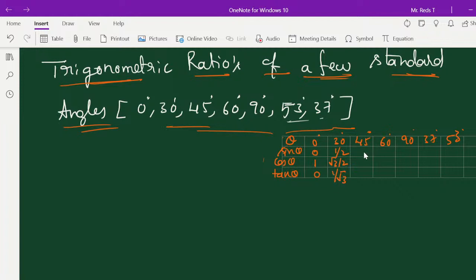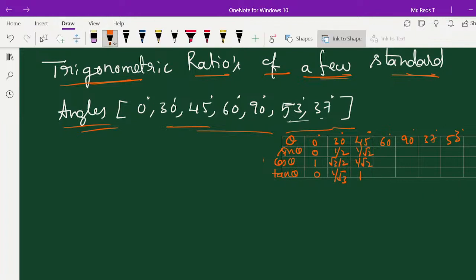And for 45, sin 45 is 1 by root 2, cos 45 is also 1 by root 2, and tan is sin by cos, so 1 by root 2 by 1 by root 2 cancels, you get 1. So tan 45 is 1. Then 60: 30 and 60 are complementary angles, so sin and cos values interchange.